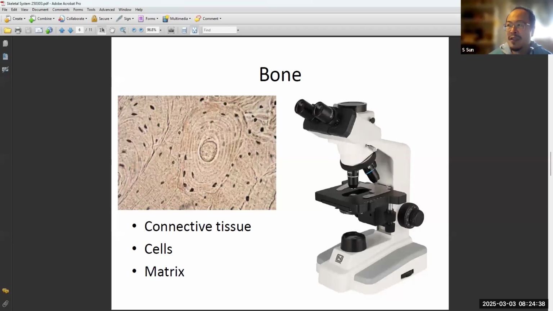So we learned about this tissue structure in our earlier lecture, and just a quick review here: bone tissue is a connective tissue. The primary cells are osteocytes. They have a smaller group of other cells, and their matrix is pretty much hardened.